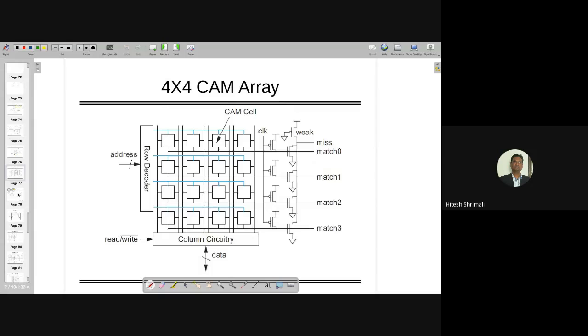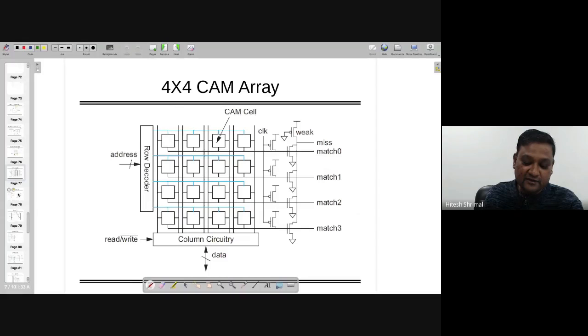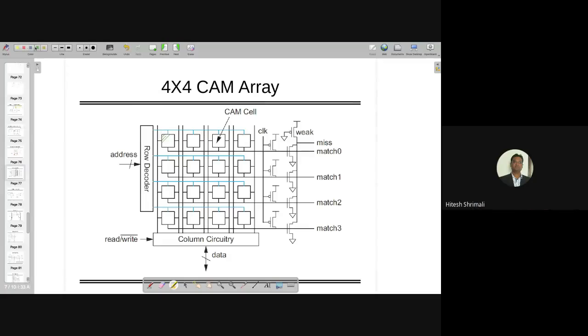Now, how does it look if we are talking about a CAM memory array? Each one of these green blocks is a cell, right?